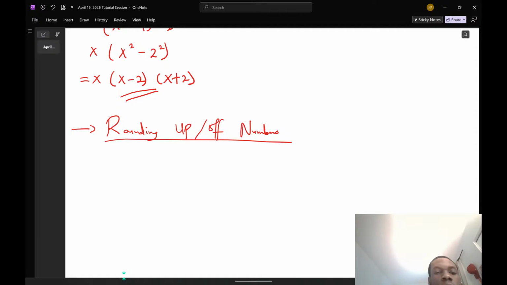When we're talking about rounding up, whenever we have numbers in the range from 0 to 4, you add nothing. But when you have numbers in the range of 5 to 9, you add 1.